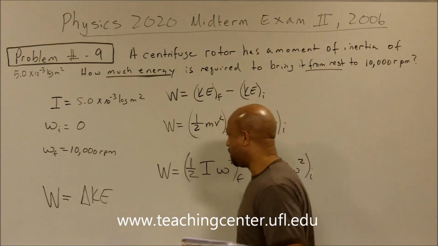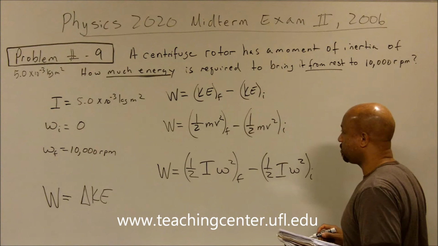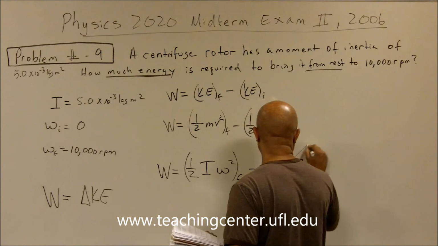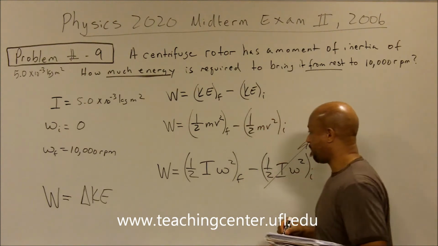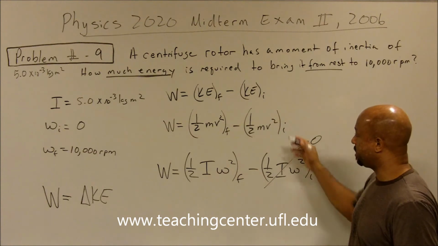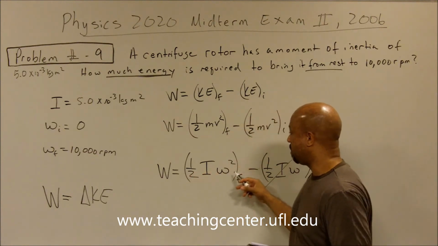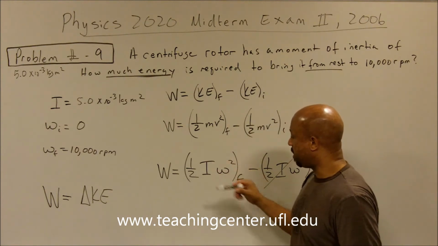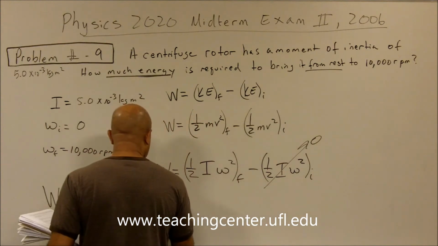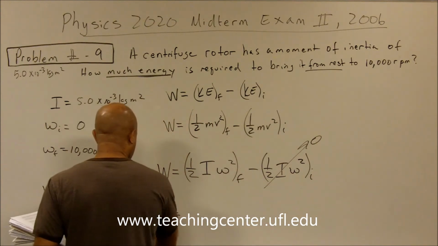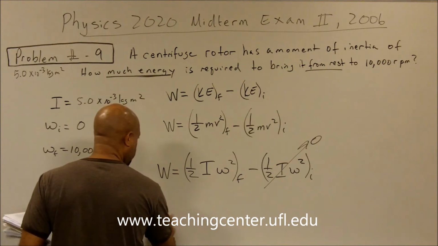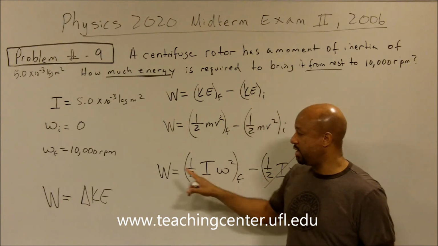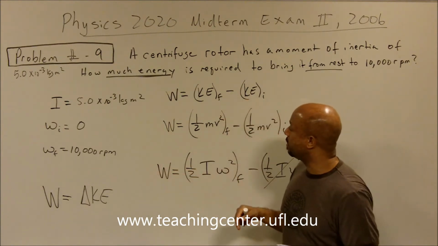All right. Now, we know that our initial velocity is going to be 0, so we know that this whole term is just 0. So basically our change in kinetic energy is just going to equal our final rotational kinetic energy. One thing we're going to have to do first is deal with this angular velocity of 10,000 revolutions per minute.